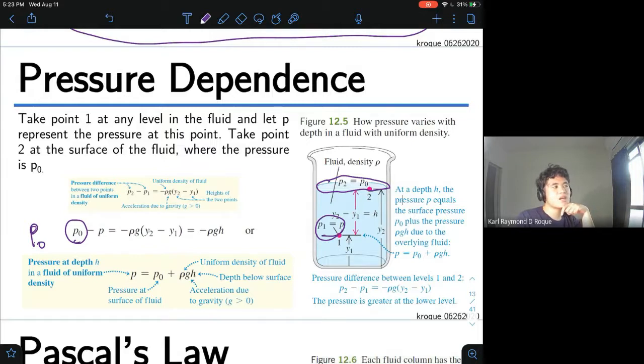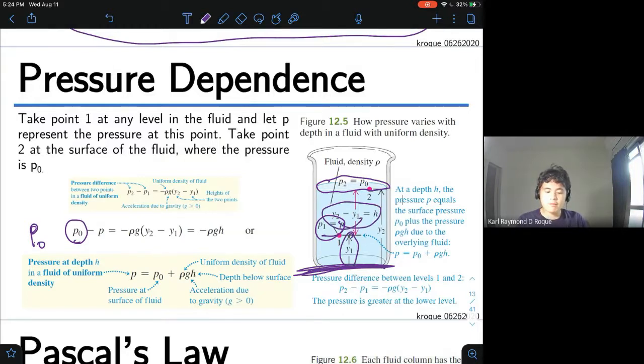Okay. Kaya natin yung pressure difference between point 1 and point 2. So, P2 minus P1. Set this as P2, set that as P1. So, itong Y2 minus Y1, diba? Y2 is, ito yung origin. So, we subtract. Ito yung makakuha natin.